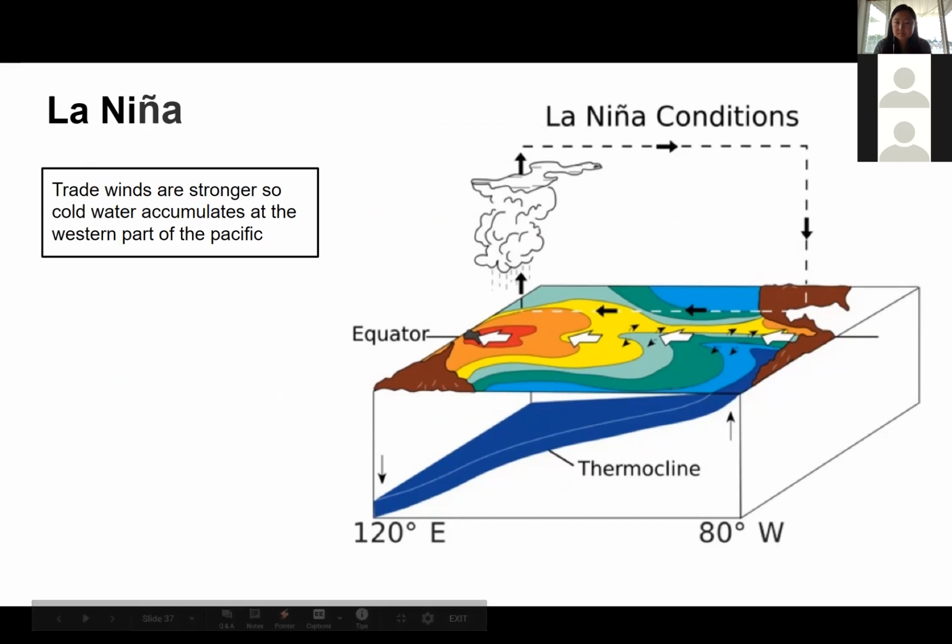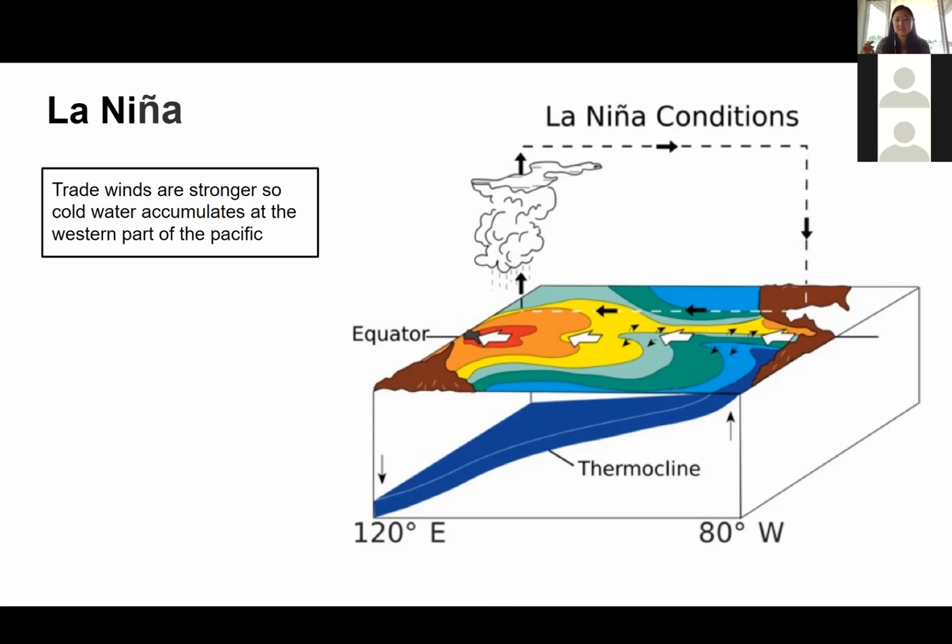It just seems like a lot more of the rain is towards Australia and the eastern countries. And if you look at the bottom, the upwelling also seems a lot steeper. There's a ton more upwelling towards the North and South Americas. And it just looks like it was a lot more pushed over to the Australian side.